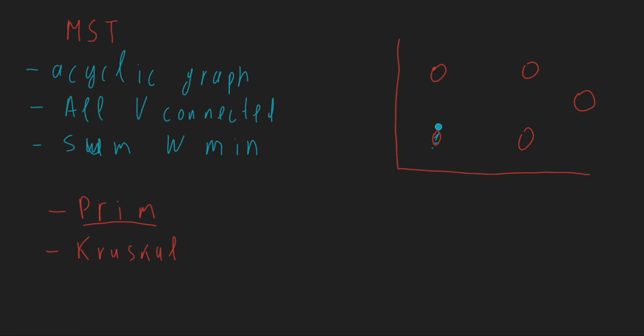So in our case, first we calculate from 1 to all others: 2, 3, 4, and 5. Let's say we have calculated and the minimum distance is this one. Since we already visited one, implementation wise we are going to create 2 variables.